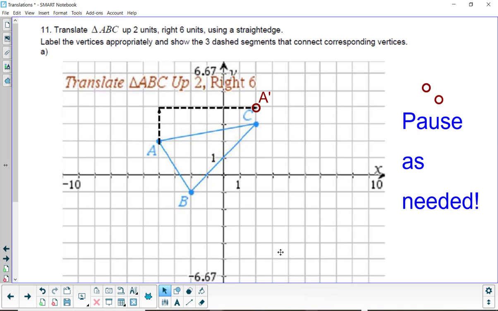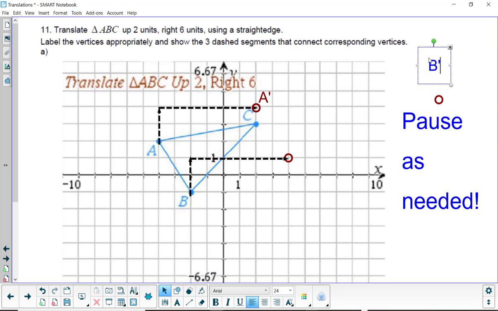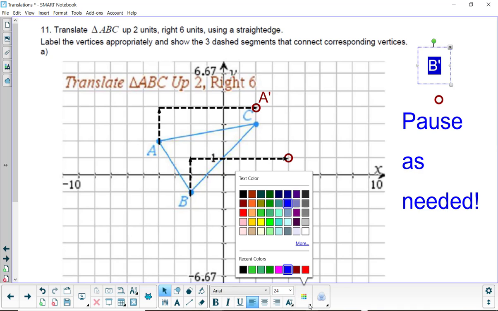So there's A prime. Again, I want to start at B and go up 2 and to the right 1, 2, 3, 4, 5, 6. So that's where B prime would end up. So I'll put a point there and label that B prime and go back and make that brown.